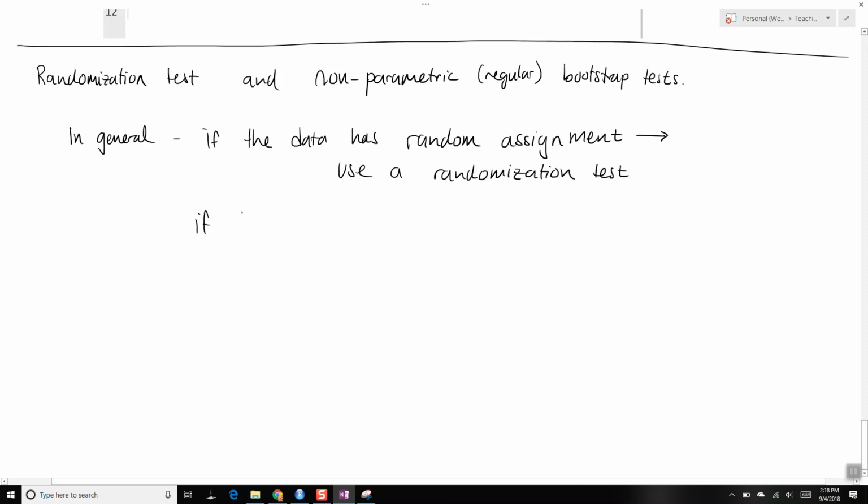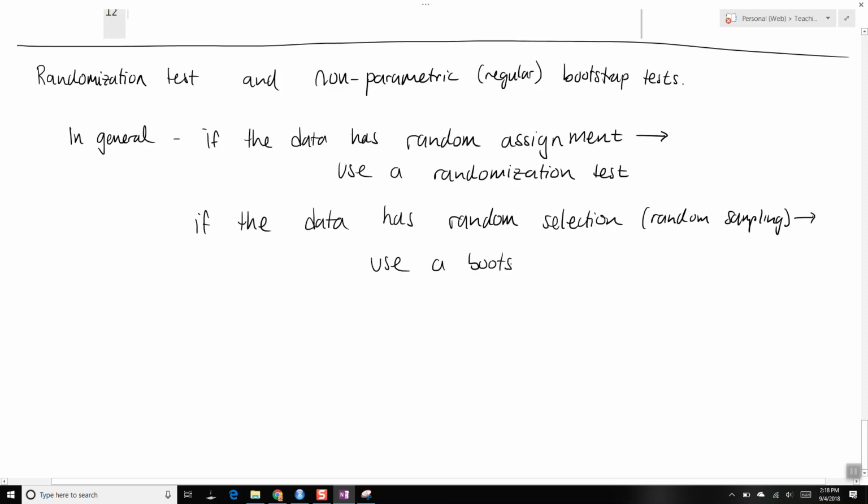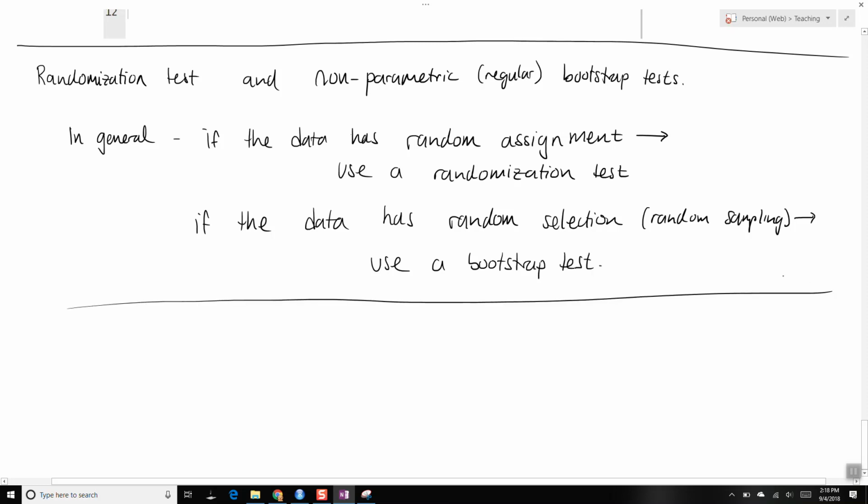And if the data has random selection, random sampling, use a bootstrap test. Bootstrap being non-parametric, your regular bootstrap test, not your parametric bootstrap test.